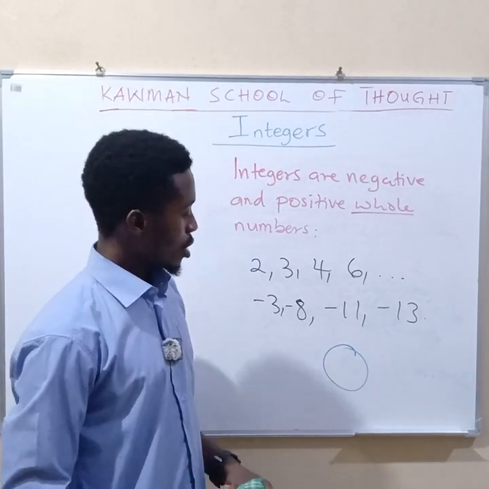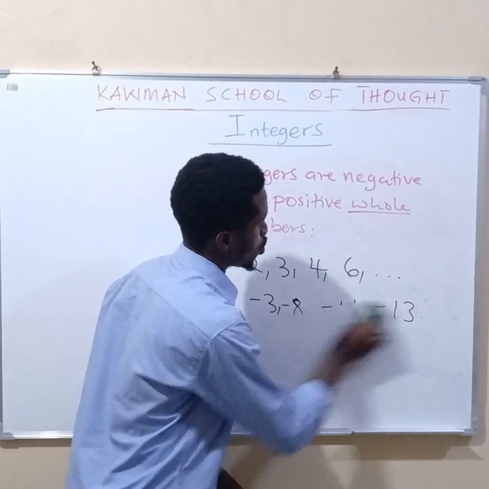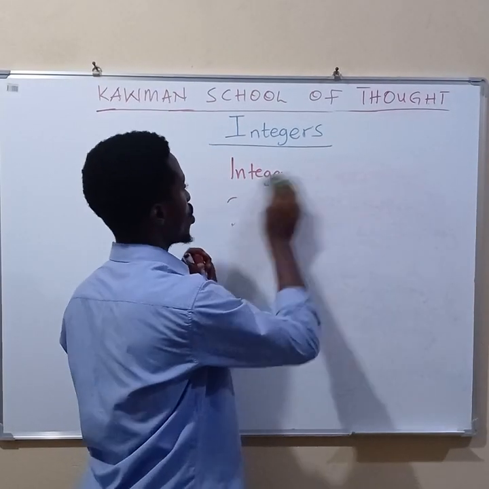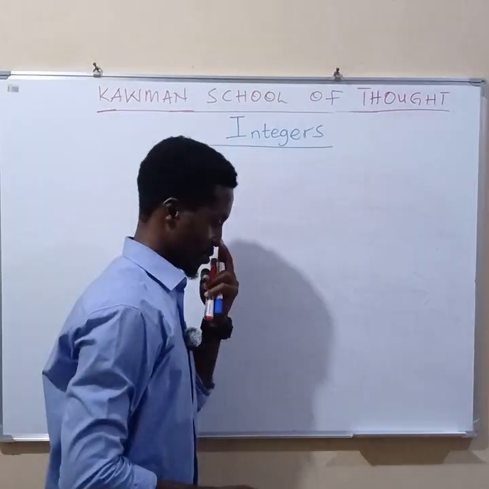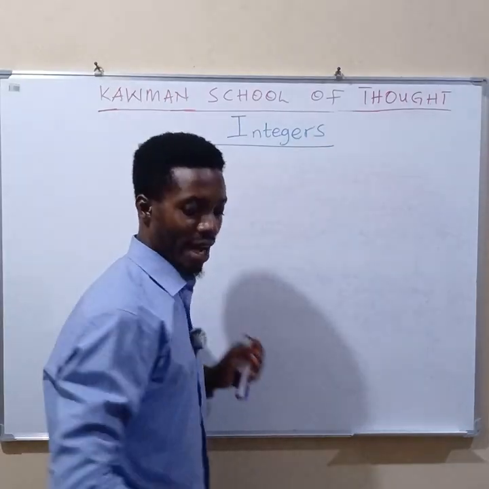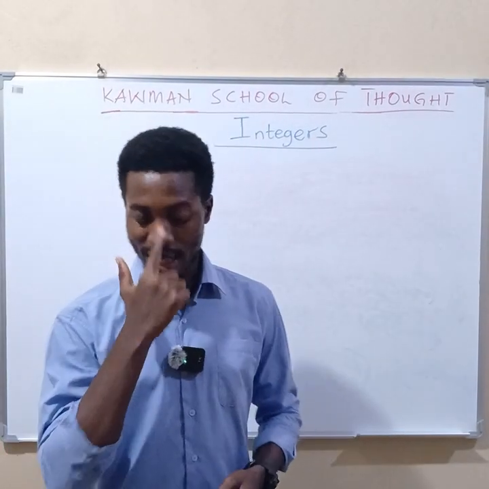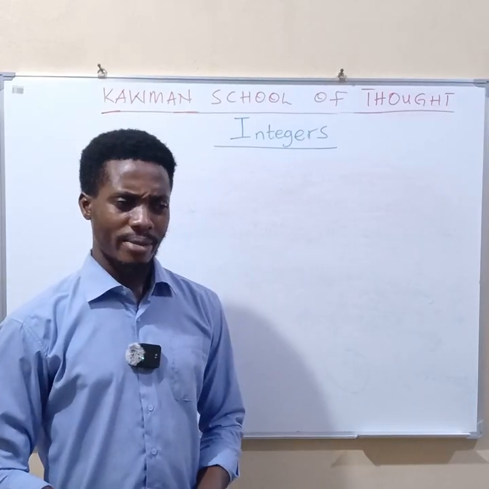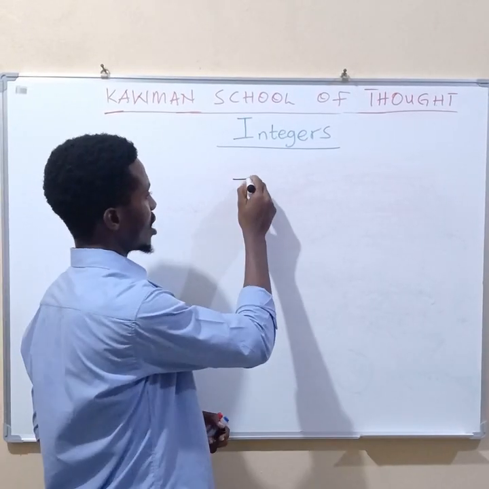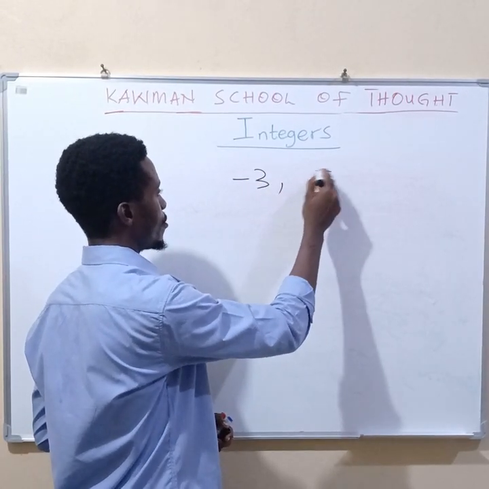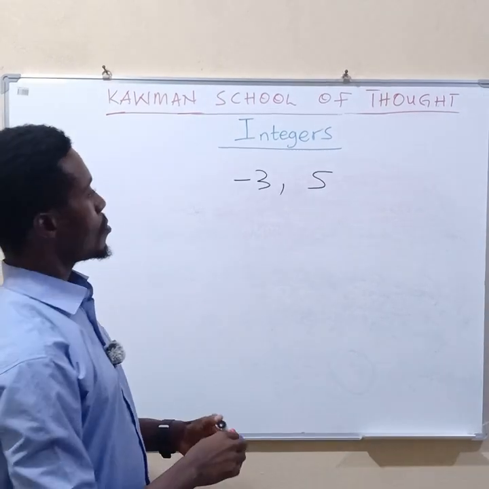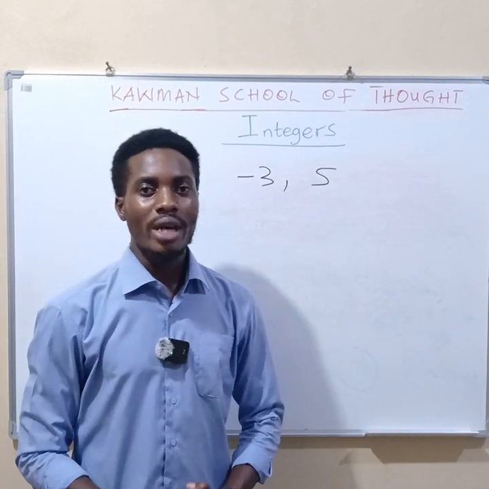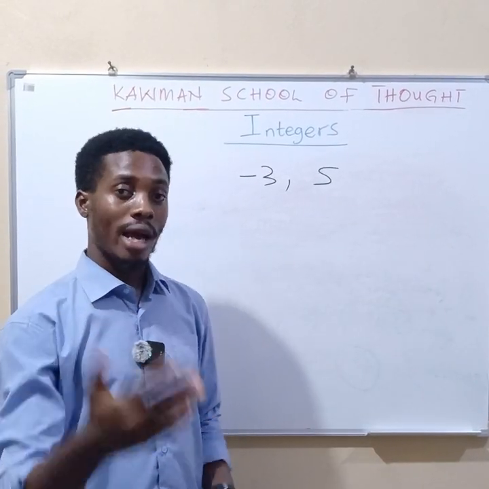So what's next? We move on to understanding the respective values of integers. For an integer, we need to understand the respective value. So for example, say I have -3 and 5, and I ask you, between these two numbers, which one is bigger or smaller?